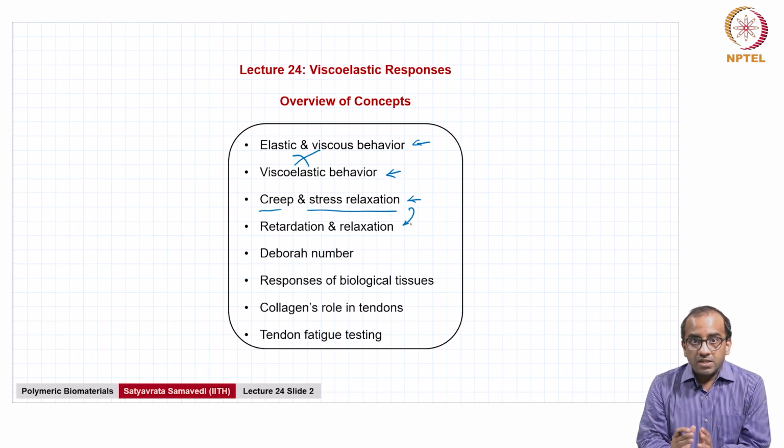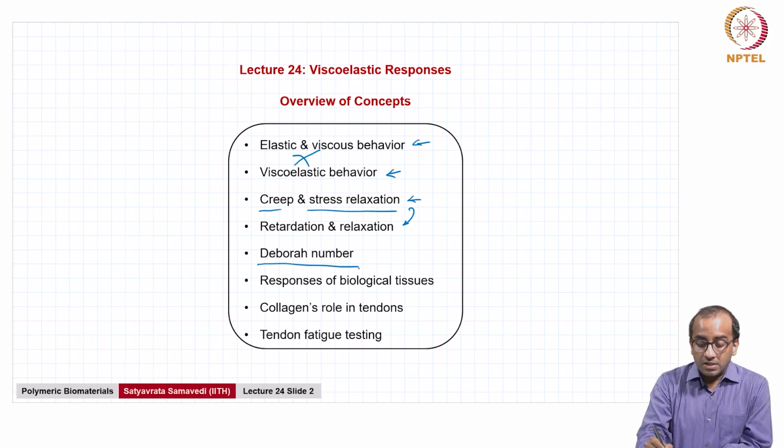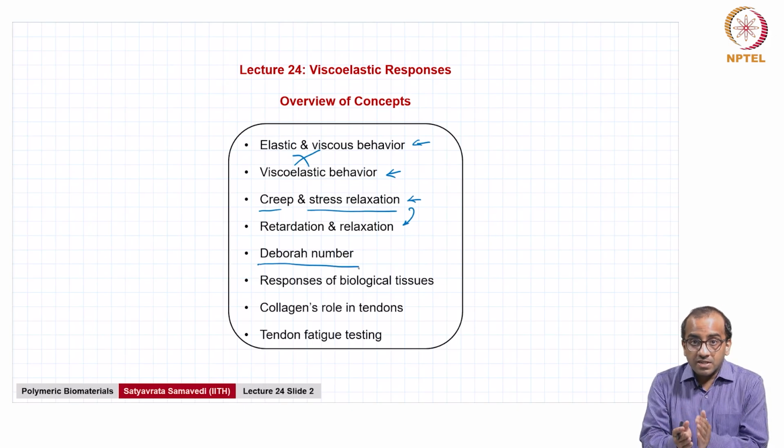And from an engineering perspective, we will try to see how to understand time scales in the problem of relaxation, for example, and then how to come up with a dimensionless number, namely the Deborah number, to help us understand what kind of responses may be dominant and when viscoelasticity can become dominant.